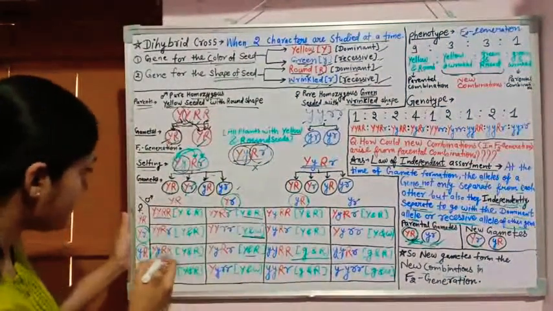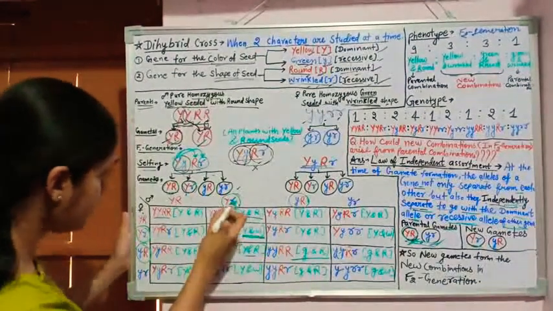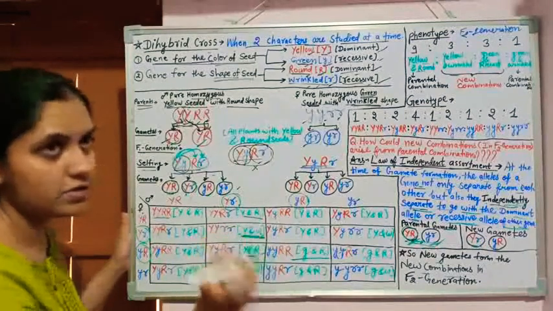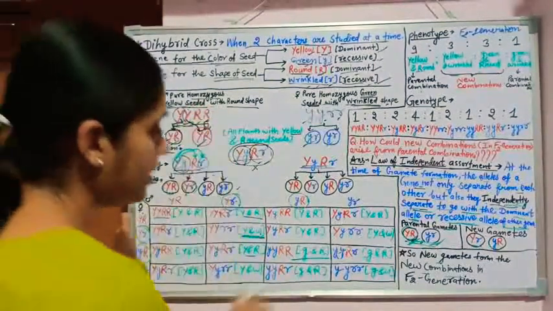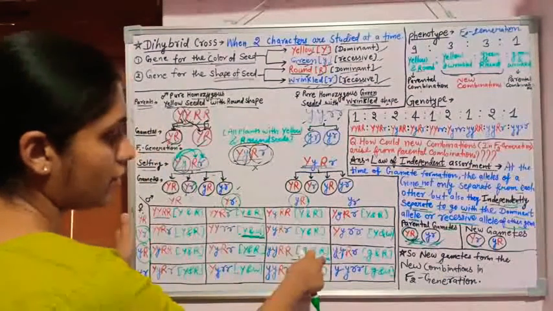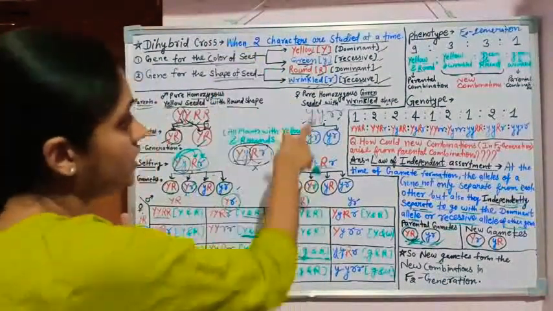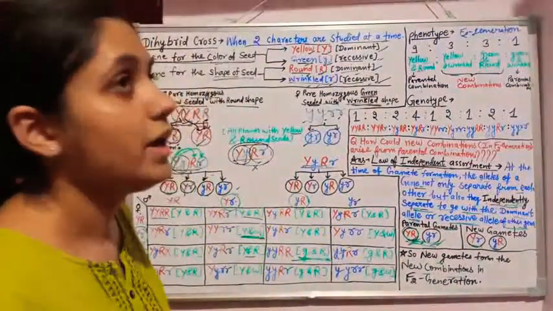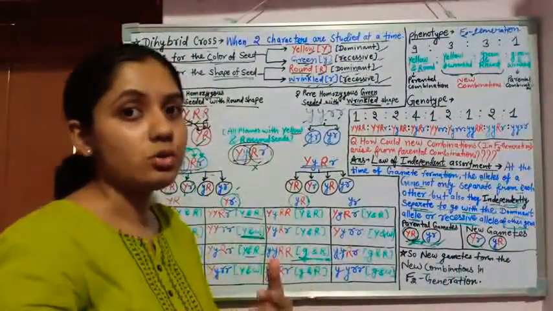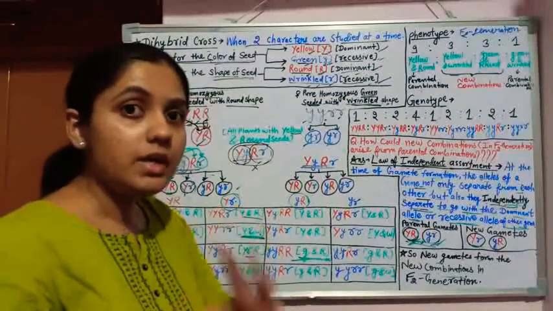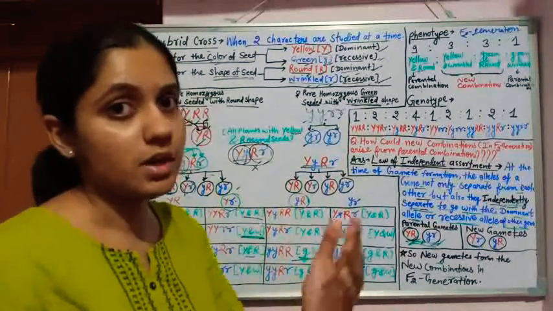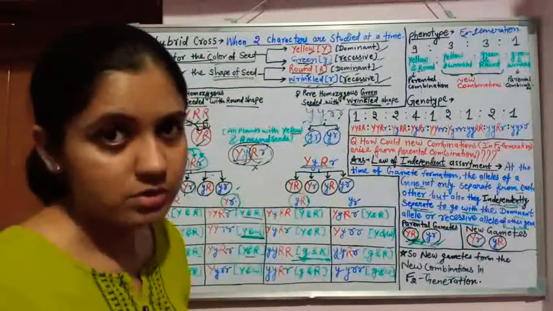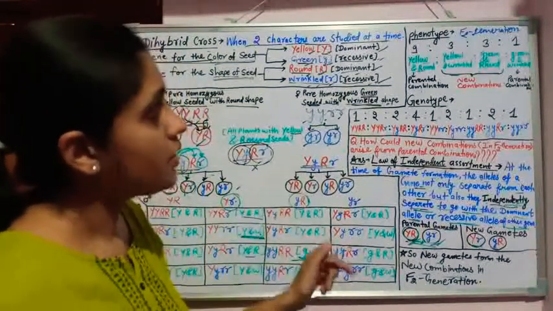Here you can see this new gamete and this new gamete. Here the seeds are yellow and wrinkled, which was absent in the parent, and here the seeds are green and round, which was also absent in the parents. So that's why the independent assortment law says the independent inheritance of characters is found in the dihybrid cross.